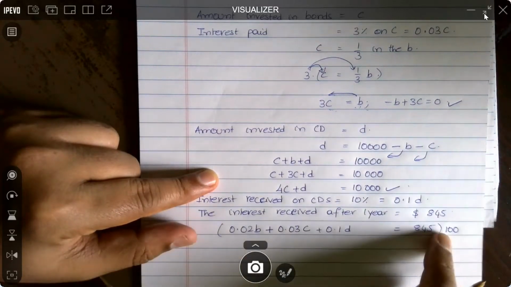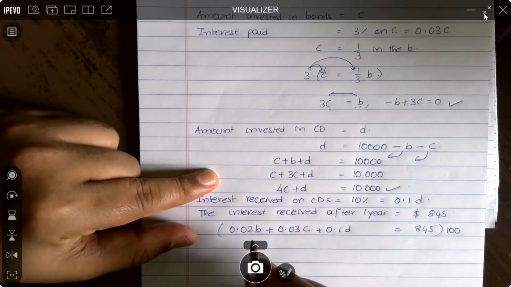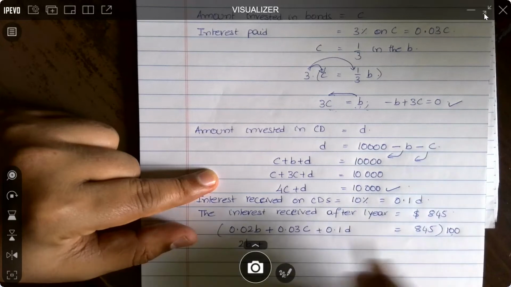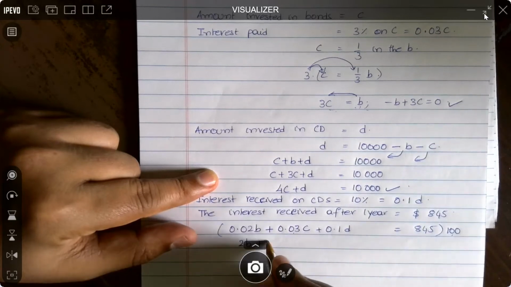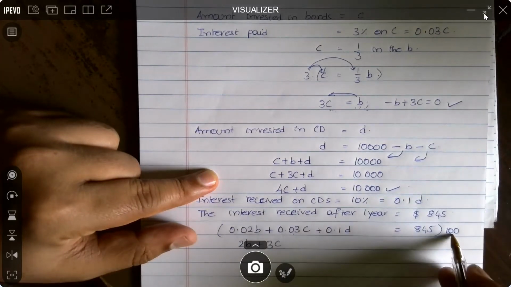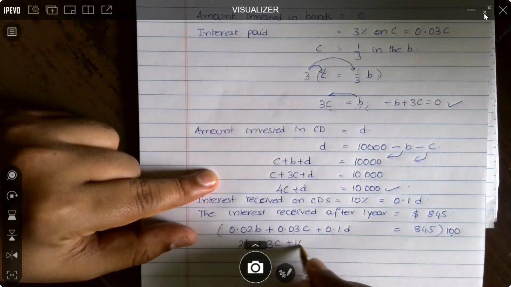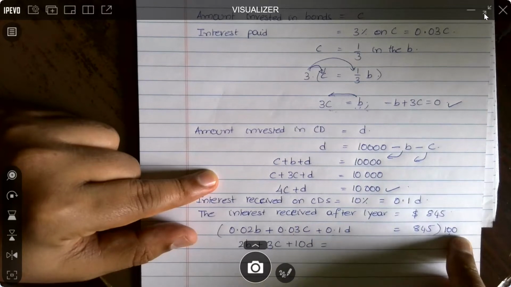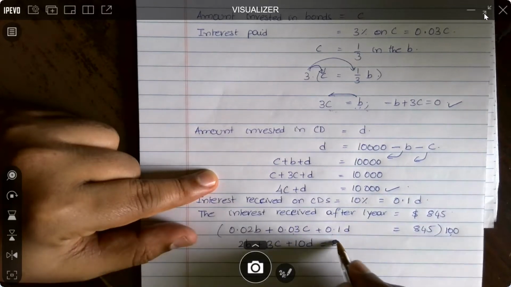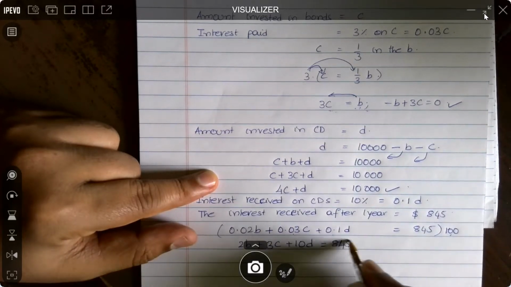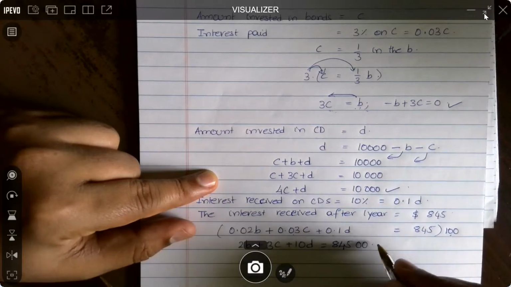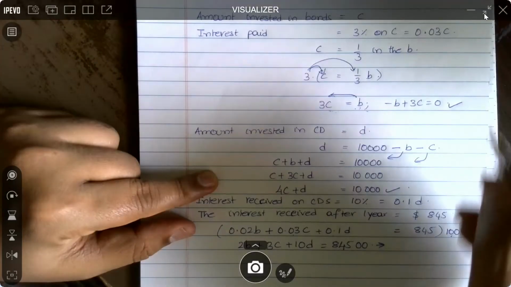So 100 times 0.02b is just 2b, plus 100 times 0.03c is 3c, plus 100 times 0.1d is 10d, equals 100 times 845, which is 845 hundredths. So that is my equation 3.